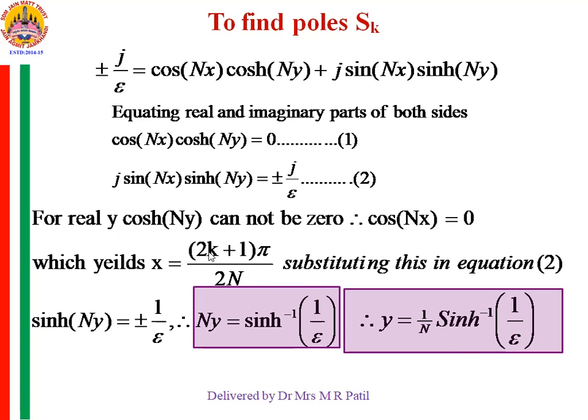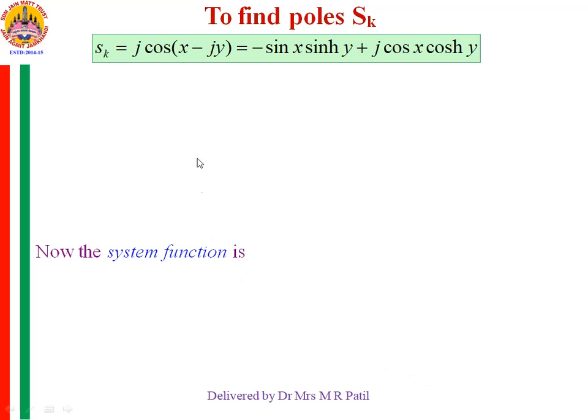My x is 2k plus 1 pi by 2n and y is 1 by n sine hyperbolic inverse 1 by epsilon. Therefore, the pole location sk, which is j into cos of x minus jy, will be equal to minus sin x sine hyperbolic y plus j cos x cos hyperbolic y.